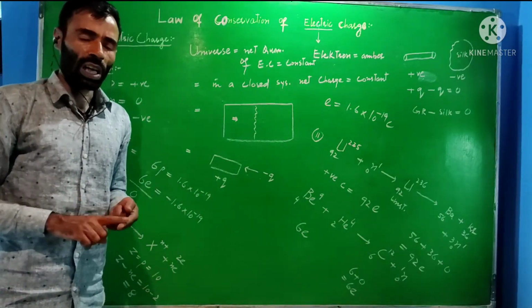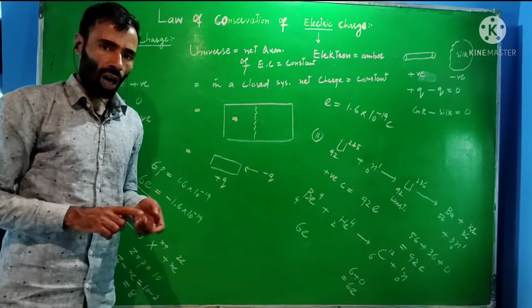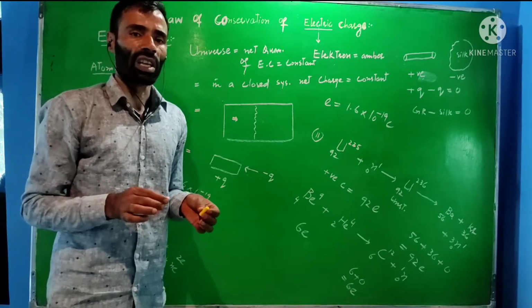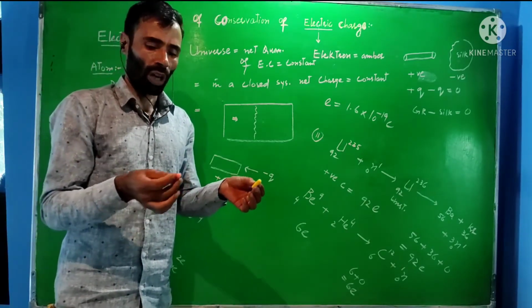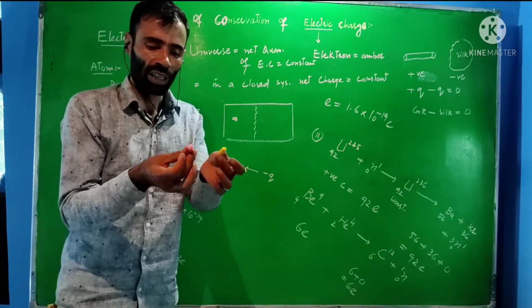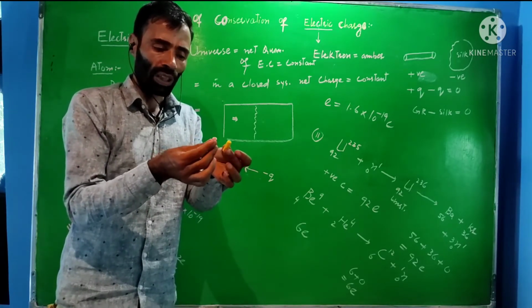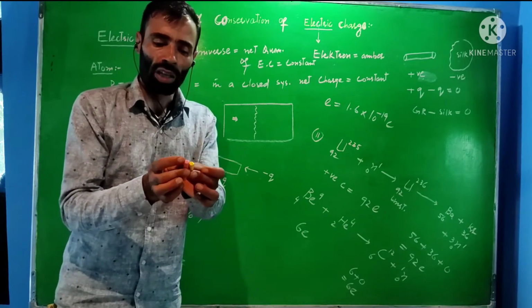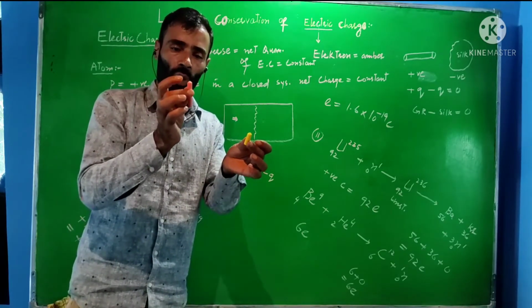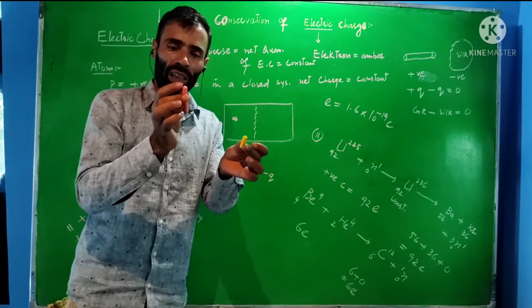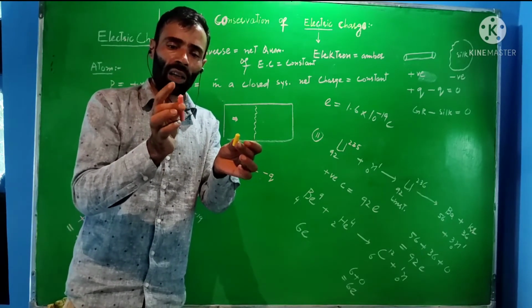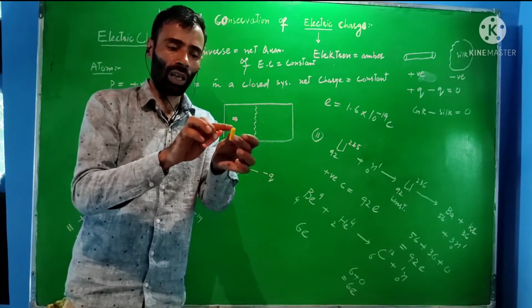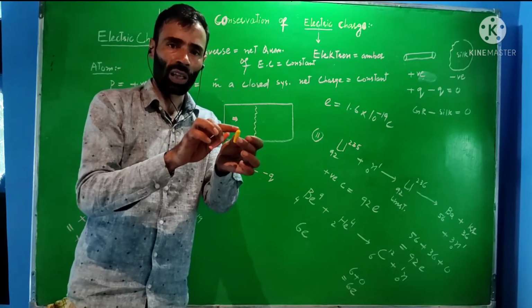So whether we take any chemical reaction or any type of interaction between two bodies, for example, if these are the two bodies in my hands and they interact with each other, if positive charge is acquired by this object, then the equivalent amount of negative charge is acquired by this object.